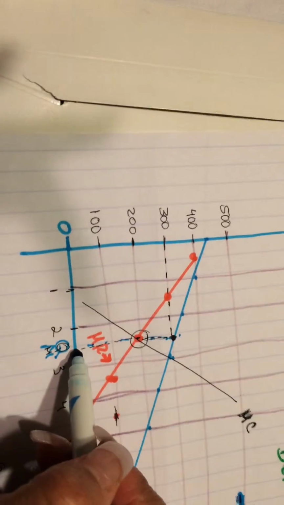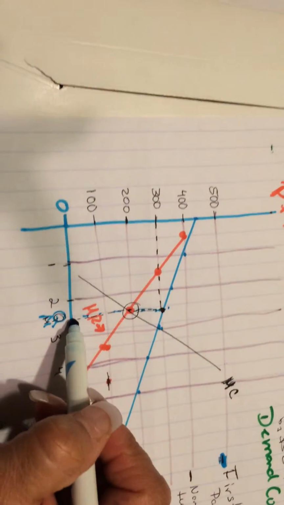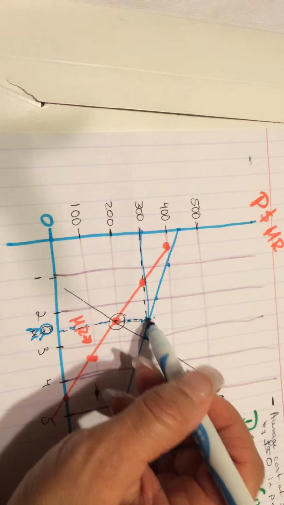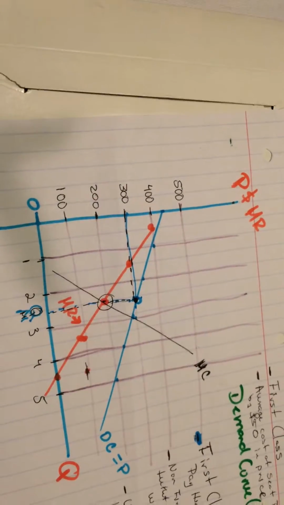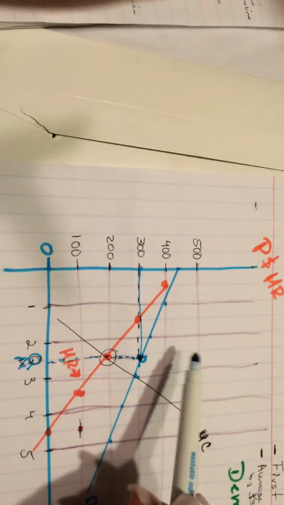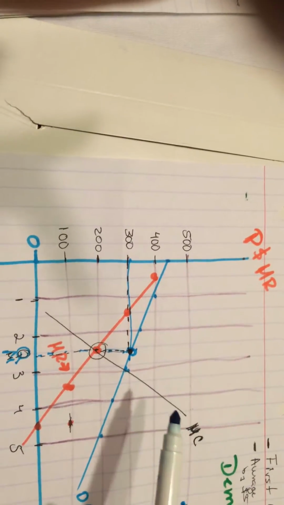So at this price, let's say that we sell about 2,500 units at a $300 price. And that's what's going to let us know how much profit we're going to be earning here.